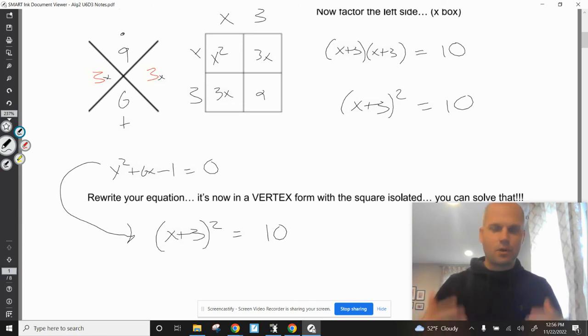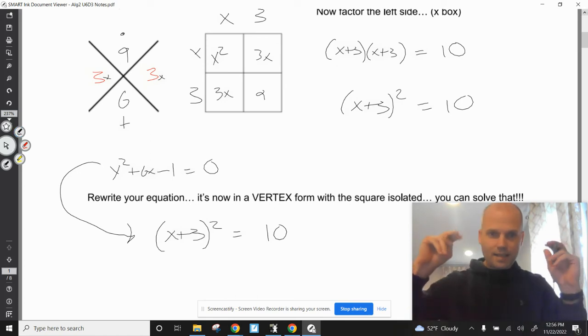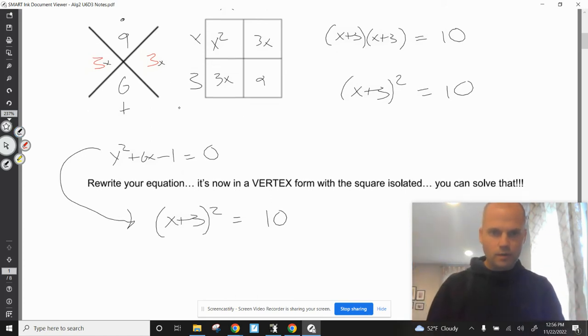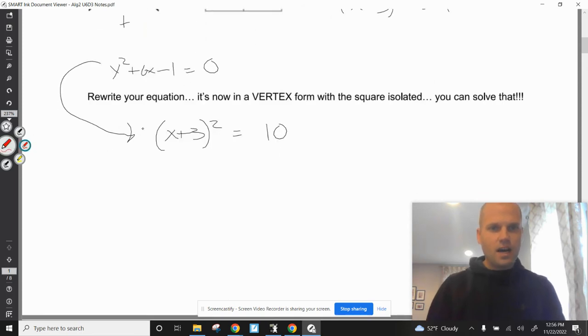Mathematicians figured out what that number has to be every single time so that we get this perfect square. After this is in vertex form, we know we can solve. The square is isolated. I get x plus 3 equals, that gets rid of that, I square root 10.